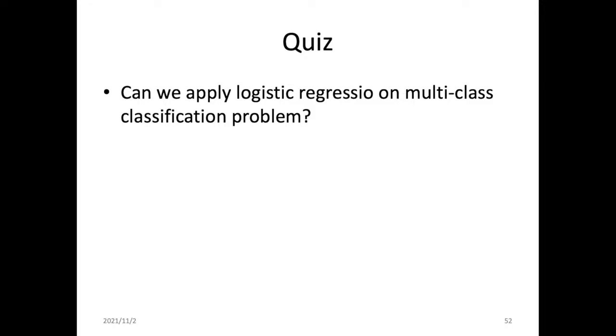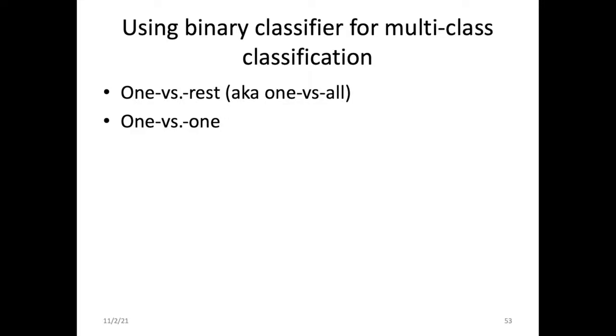So there are certain algorithms that can only deal with binary classification. But even in that case, we can sort of remodel the task a little bit such that binary classifiers can be applied on a multi-class classification problem, and here's how. We will introduce two widely used methodologies, one called one versus rest, or one versus all, and the other is called one versus one.